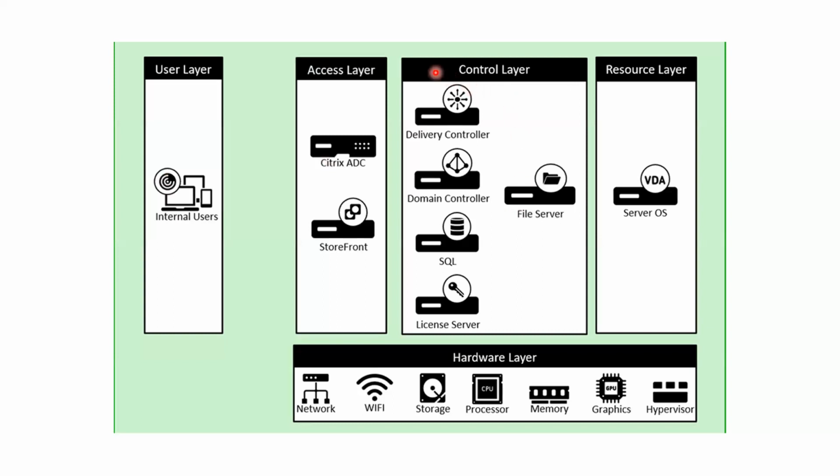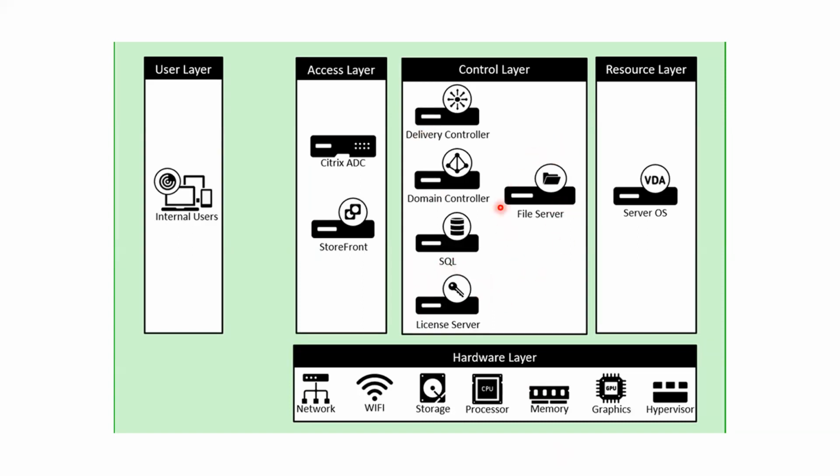And in the control layer we have servers which control the data center operations. The delivery controller controls the data center, the domain controller controls the user authentication and computers, the SQL server controls the database, and the license server allocates the licenses to the end user device.